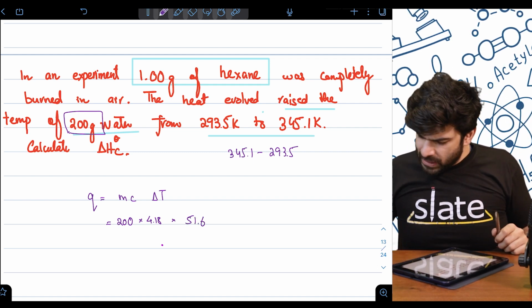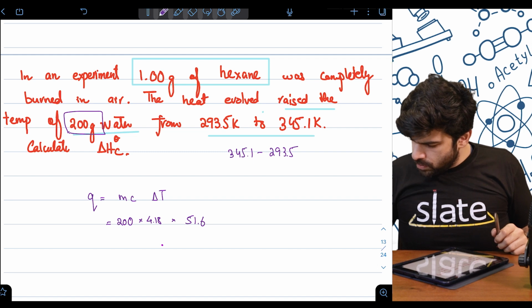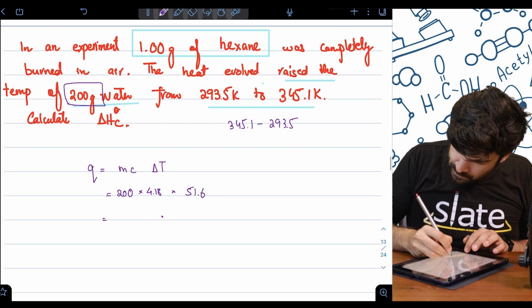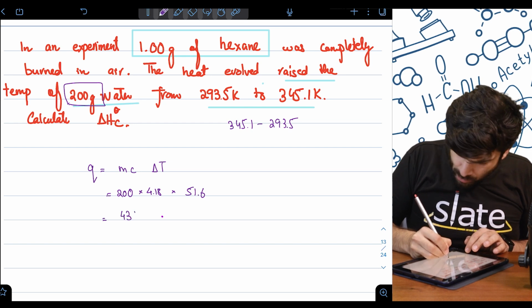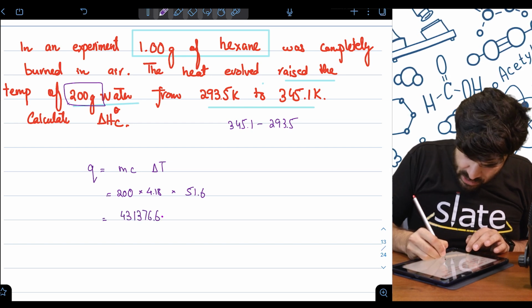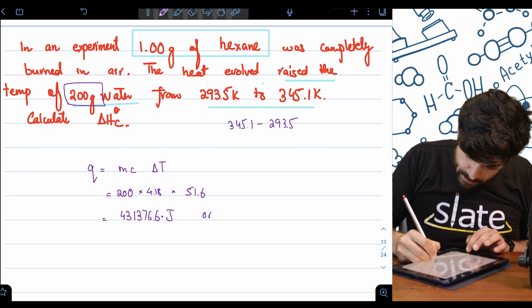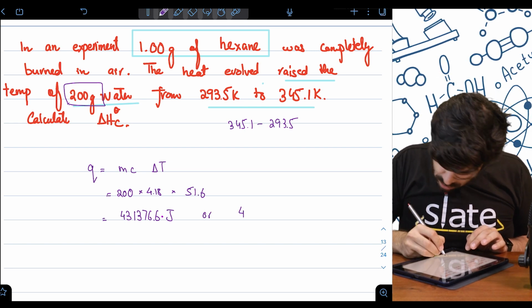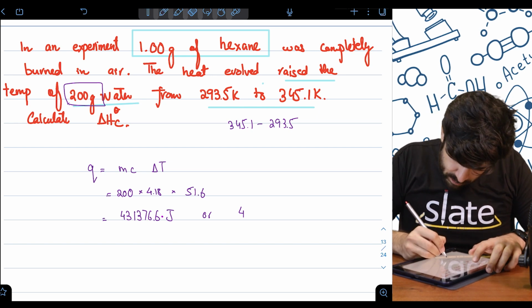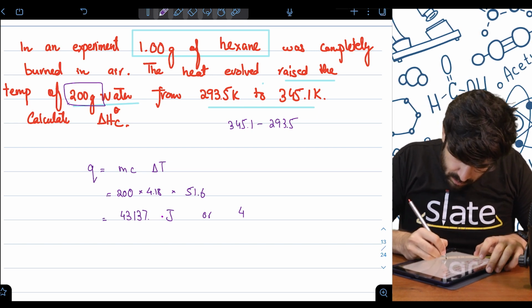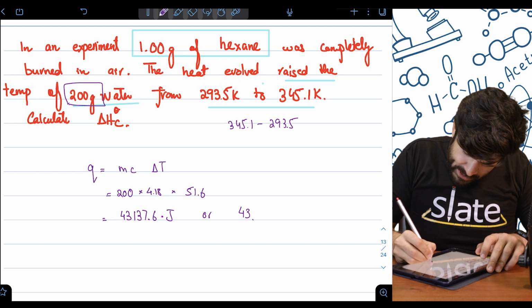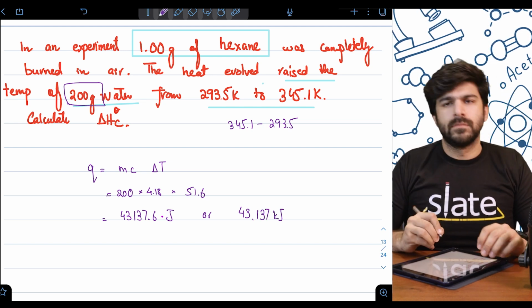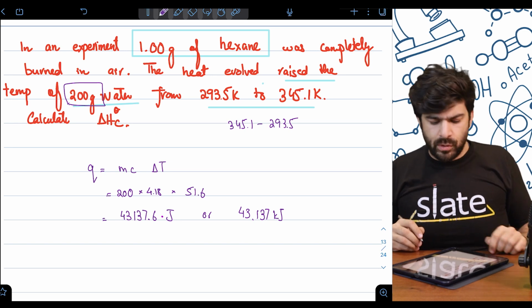51.6, and I'm going to multiply this by, the value becomes 43137.6 joules, or 43.137 kilojoules. Now we have the value.